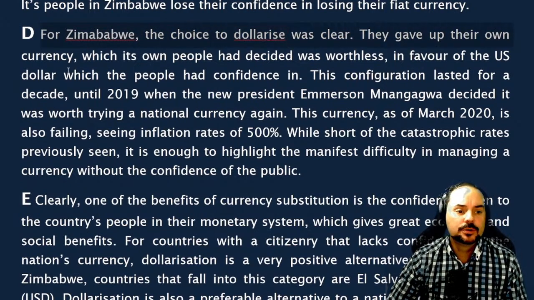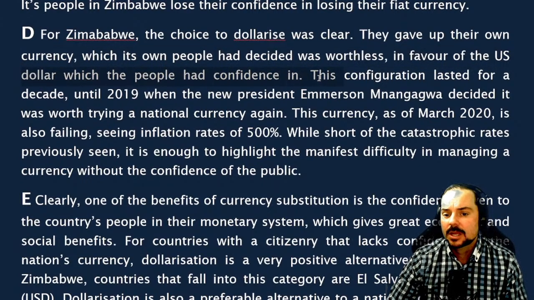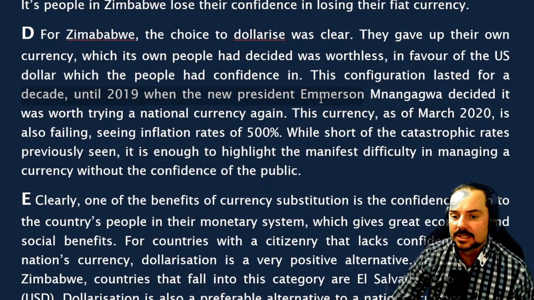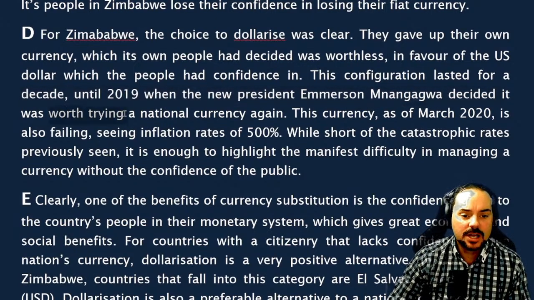They gave up their own currency, which its own people had decided was worthless, in favor of the US dollar, which the people had confidence in. This configuration lasted for a decade until 2019, when the new president, Emerson Mnangagwa, decided it was worth trying a national currency again.